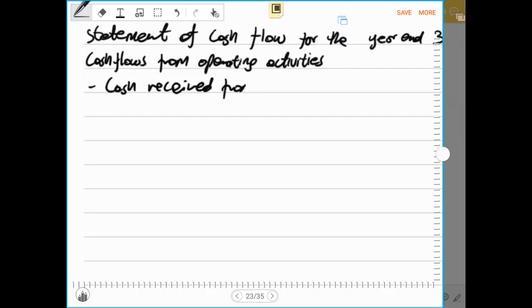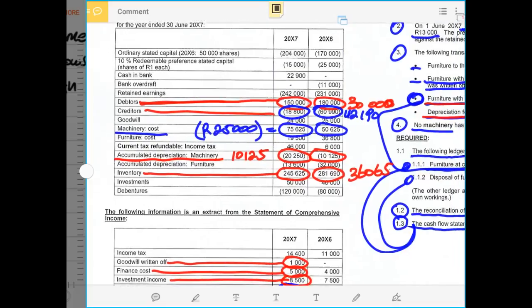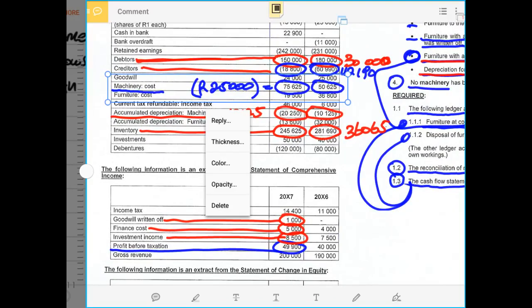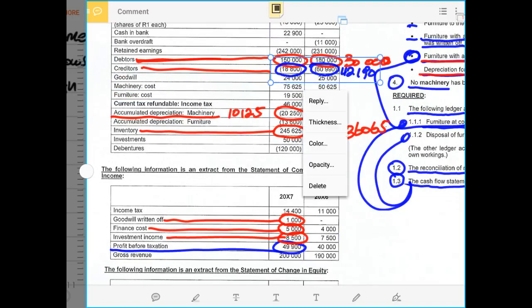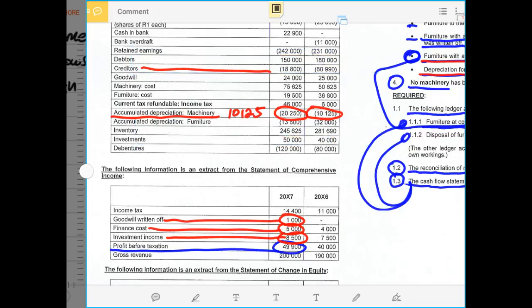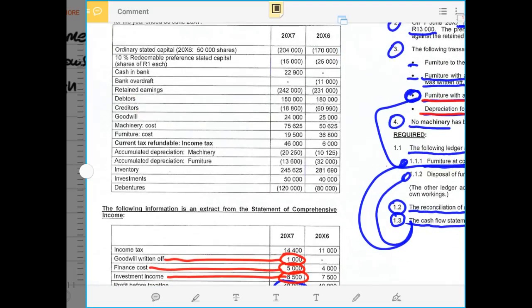For cash received from customers, we first have to start doing the workings. This is where the calculations become very important. We first have to check the amount of account receivables, then also the sales. Then we also take into account the closing balance of our debtors.